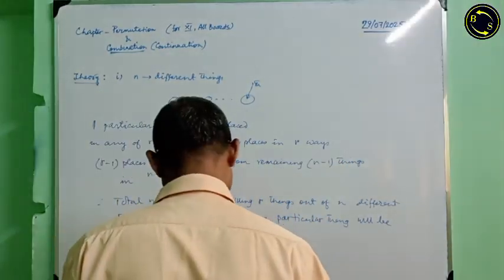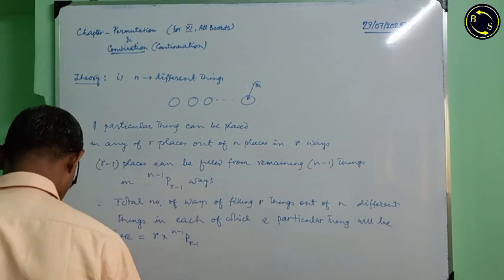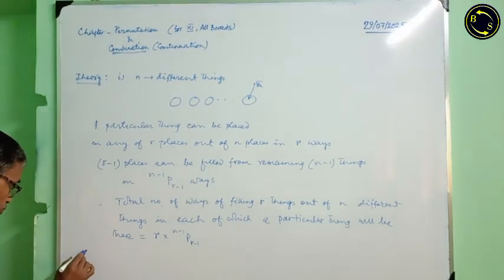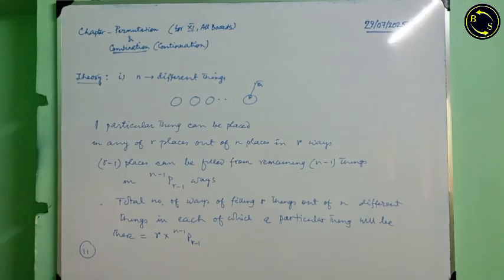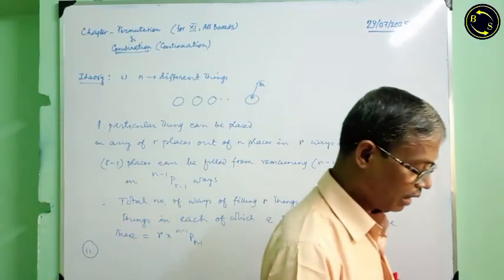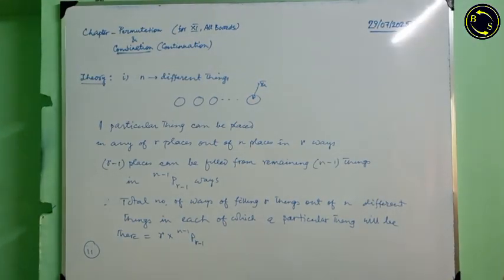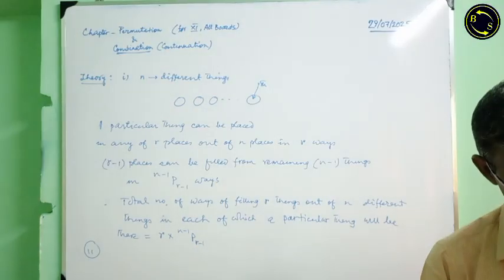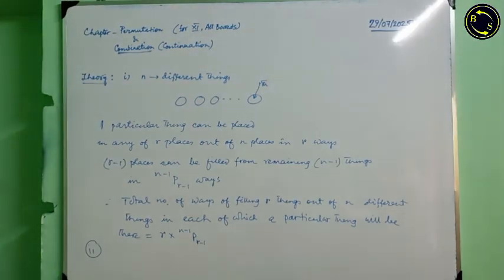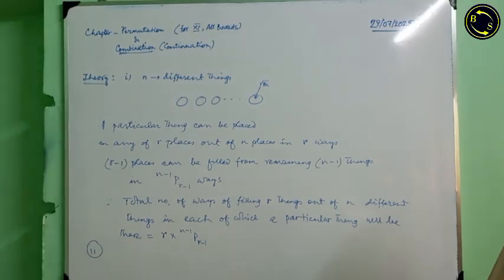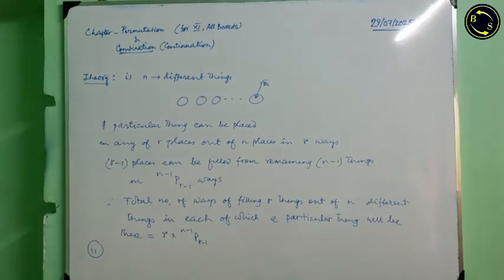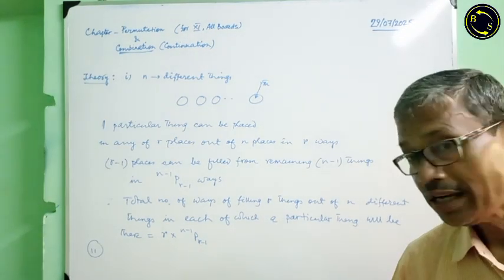Now, we are going to find the total number of arrangements of r things out of n different things. Already that is discussed, that is nPr.